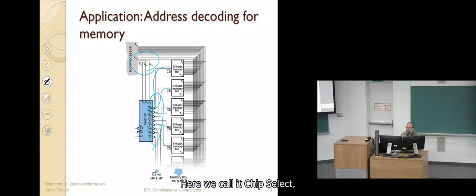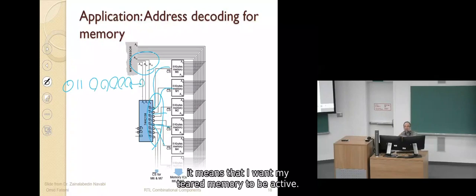The enable here, we call it chip select, which I don't go into detail about, but it is some kind of enable for this memory. So if the address is, let's say, 0, 1, 1, and 13 bits of 0 here, it means that I want my third memory to be active.